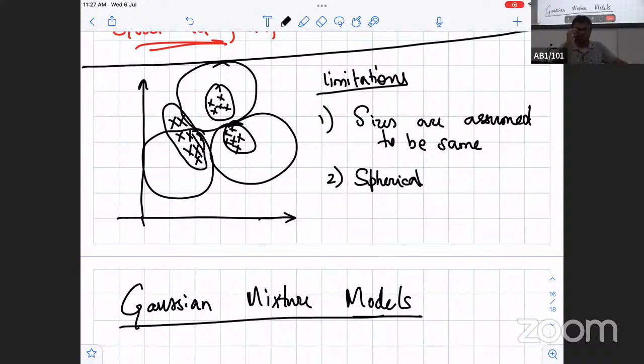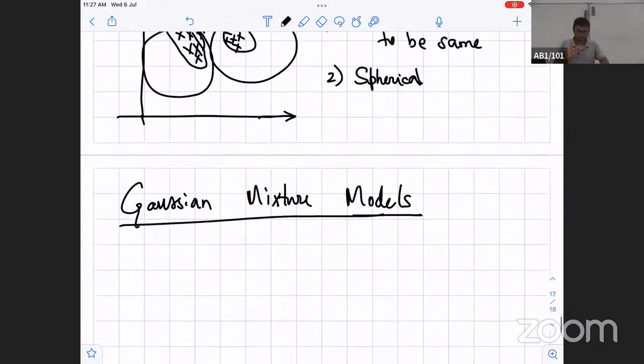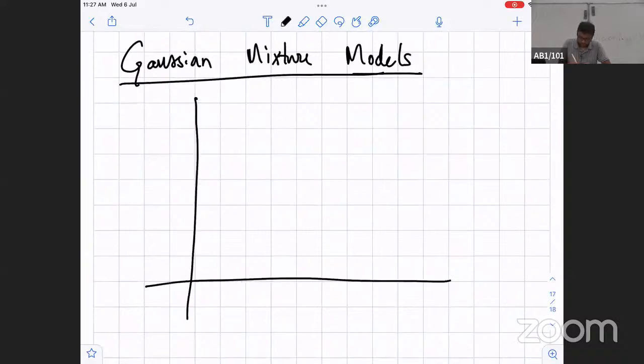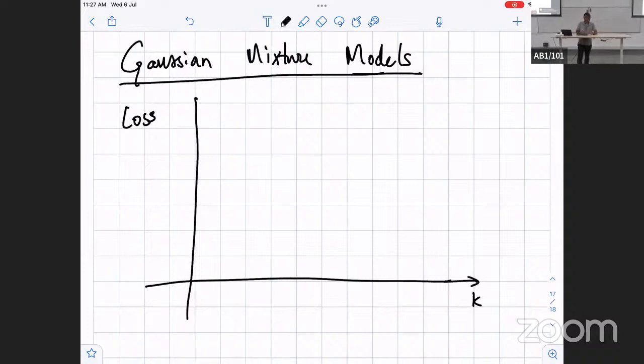Yeah, so that is another question that I didn't answer. Before we come to the Gaussian mixture model, what you typically do is look at your loss: the average distance to the corresponding center, versus K, the number of clusters. What is the maximum K I can choose? The number of points, since every point can be a cluster center, and the loss there is 0.